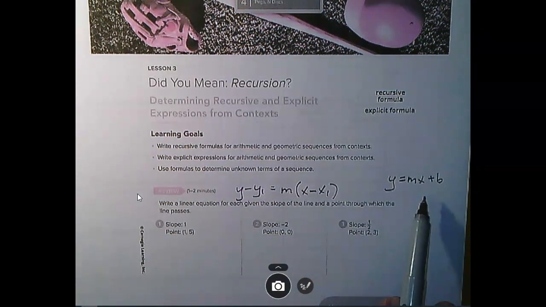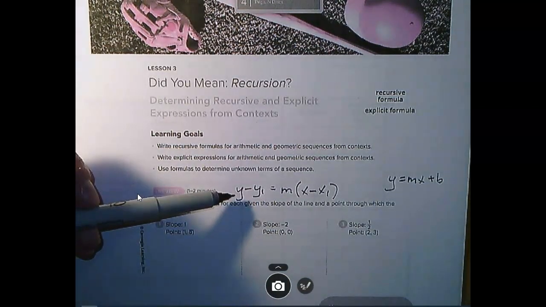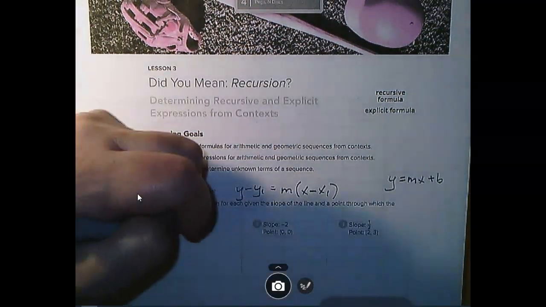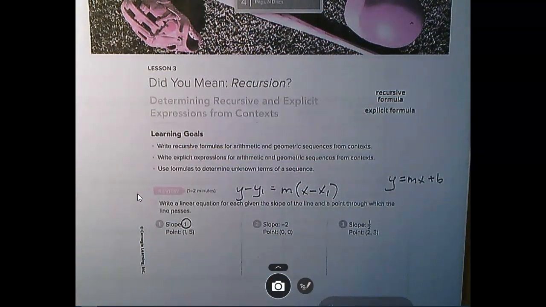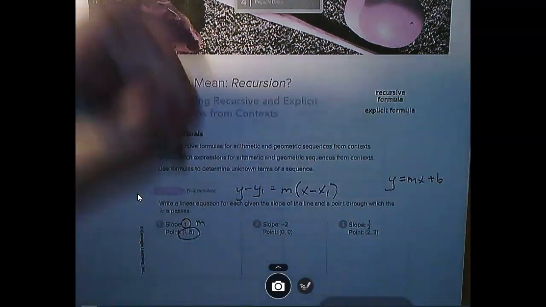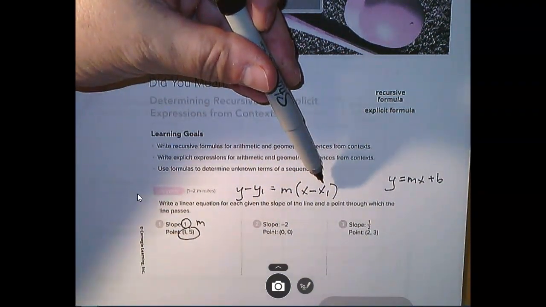This is a perfectly good way to write an equation of a line. This is a different way. So they'll both give you the same line, but we're using this one because it's easier to plug in the information we're given. So in each one of these, you're going to plug in this number for m, or slope, and then you're going to plug in these numbers in the place of the y1 and the x1.